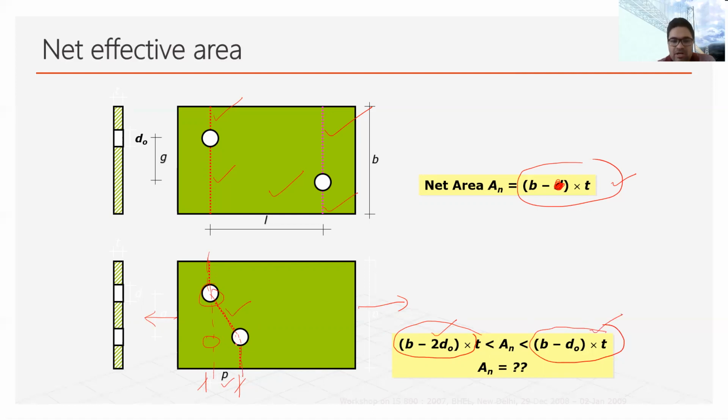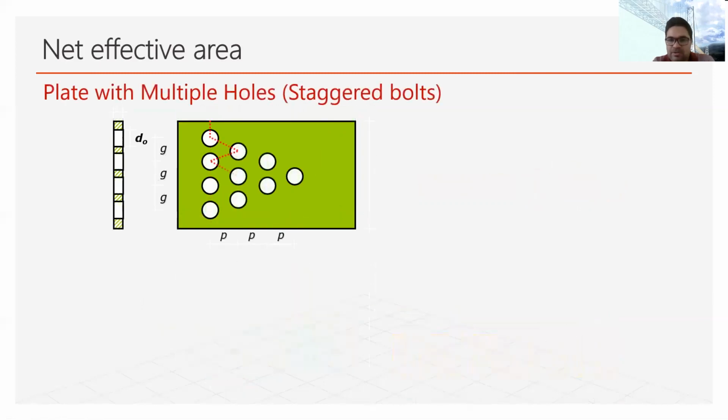But what if I put this hole in this staggered manner? Then how do we find out the AN? The area of cross section in this manner will be between this and between this. But how much? For that, there is one formula that we generally use. We try to include it because of the presence of the inclined plane.